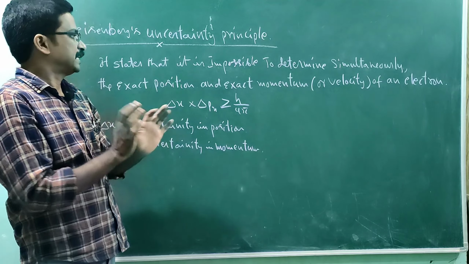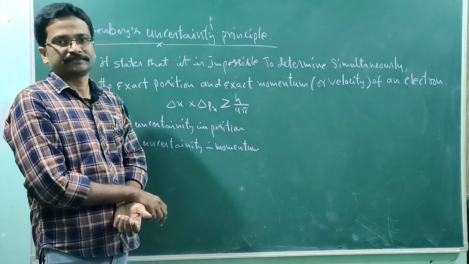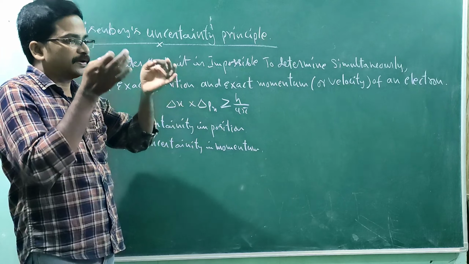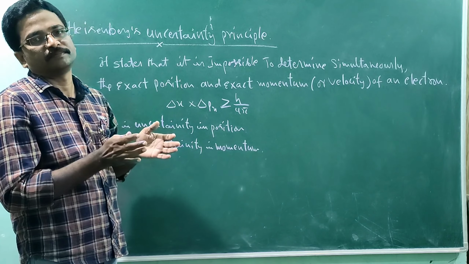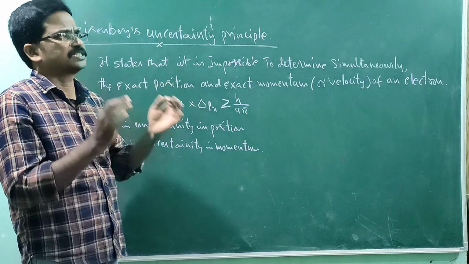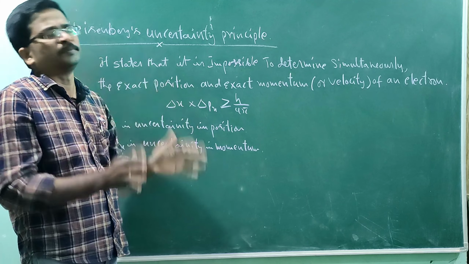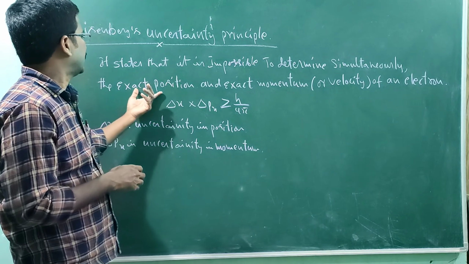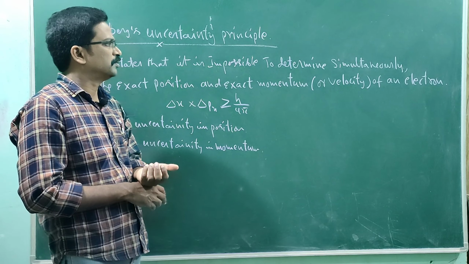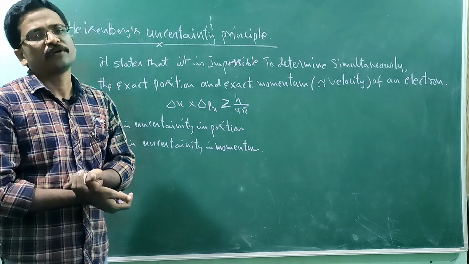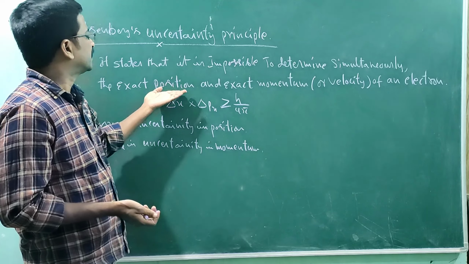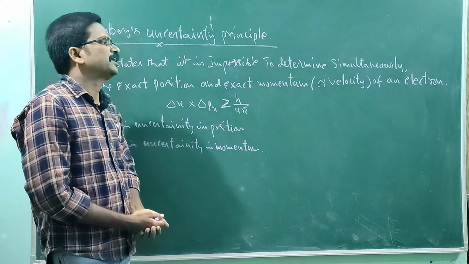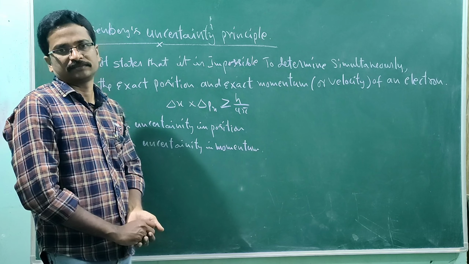Simultaneously means at that moment we cannot determine exact position and exact momentum. Why can we not determine the exact position and exact momentum or velocity of an electron?